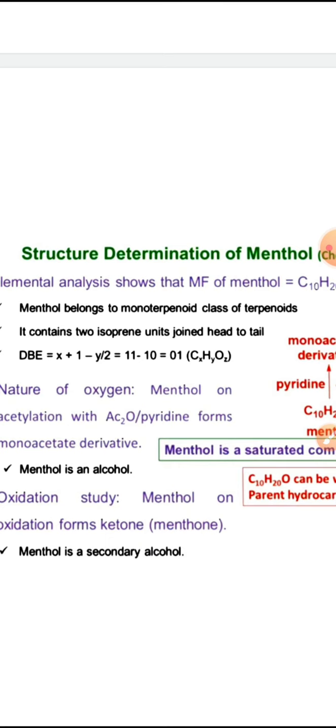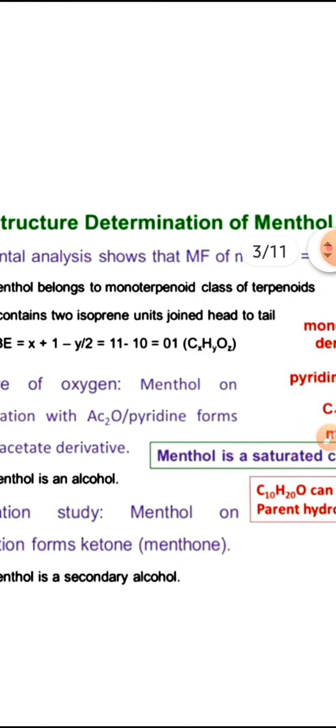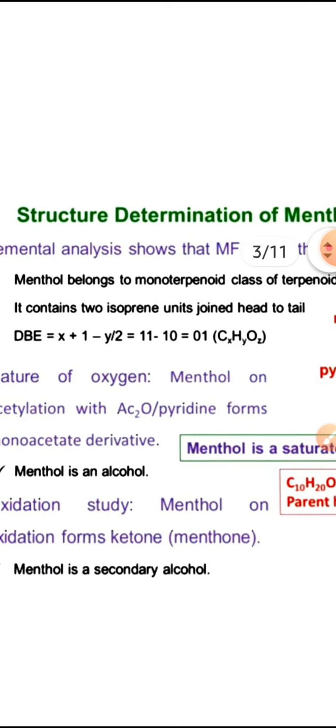The second information that we get from the molecular formula is the degree of unsaturation, or the double bond equivalents, which tells how many double bonds and how many rings are present. For molecular formula CxHyOz, as we discussed earlier also, the double bond equivalent is calculated by x plus 1 minus y upon 2.